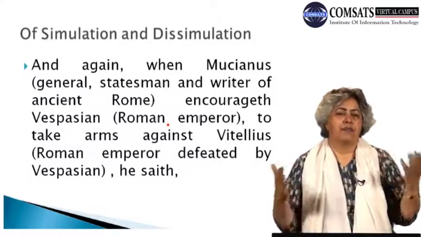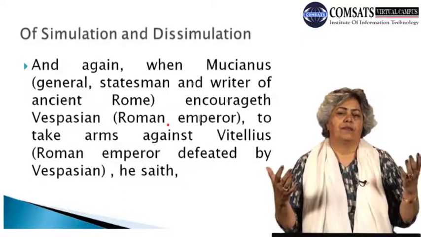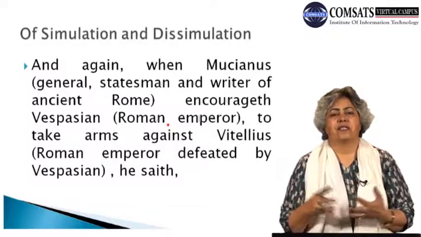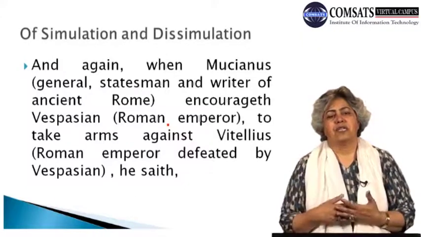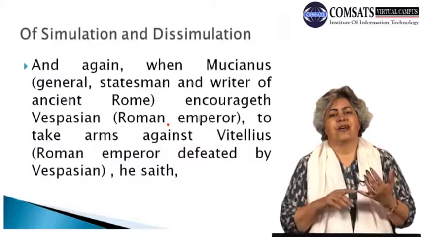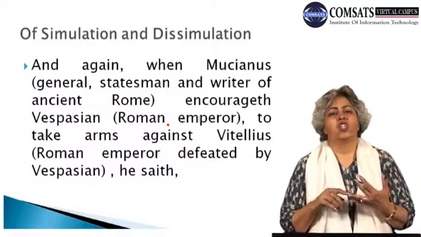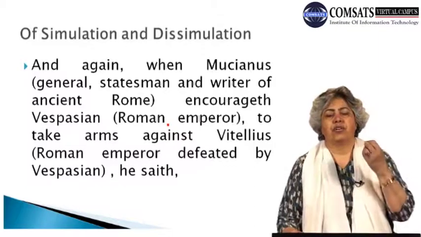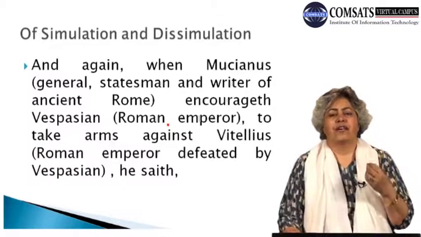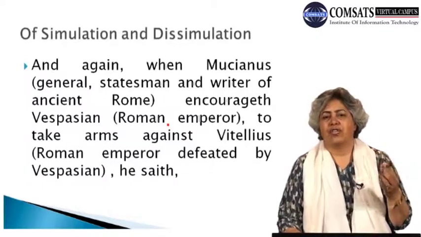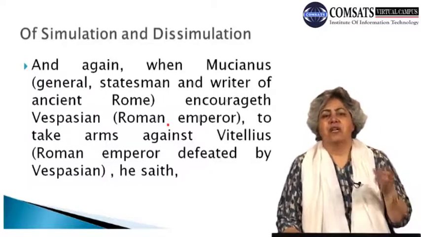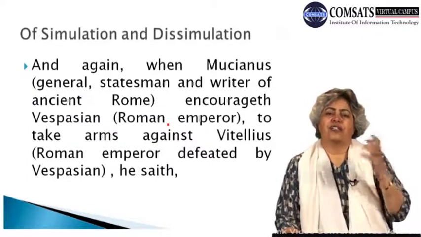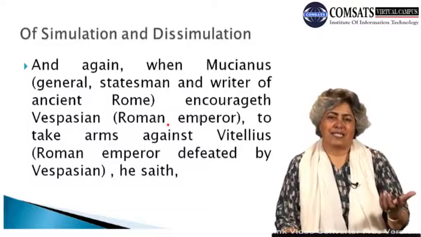So emperors need advisors, and in antiquity these advisors were either generals or statesmen. And when we talk about Mucianus, you find out that he was not only a general, he was also a statesman. So as such, the Emperor Vespasian relied on his judgment to a great extent.